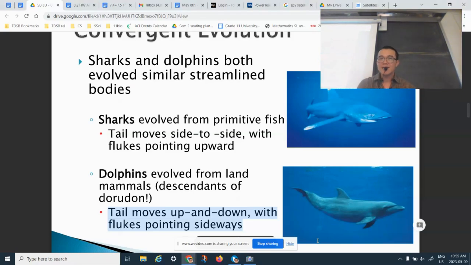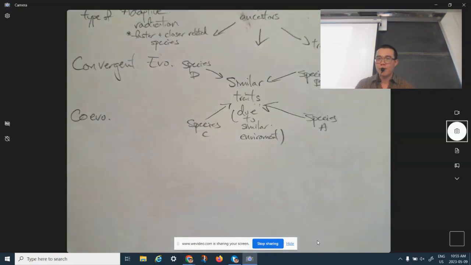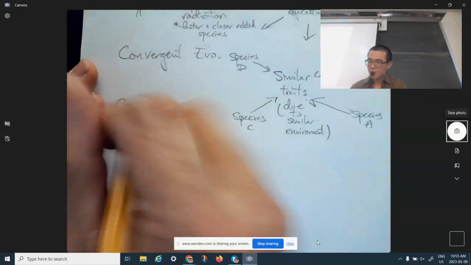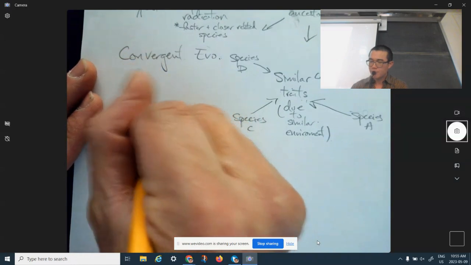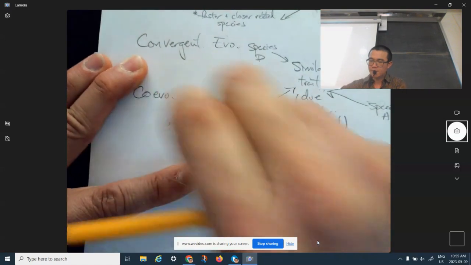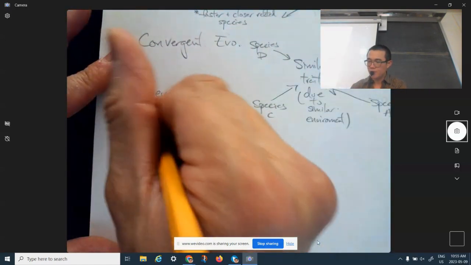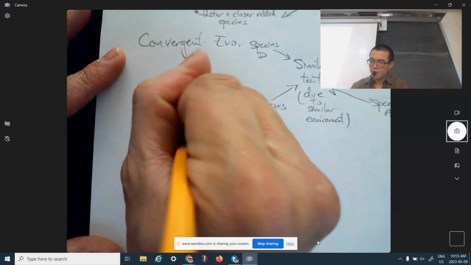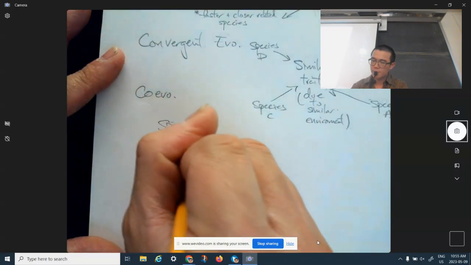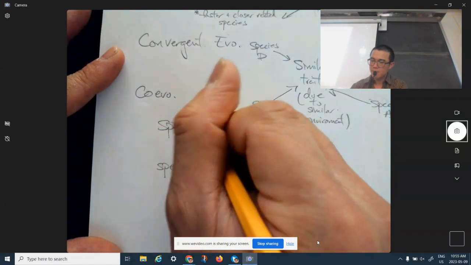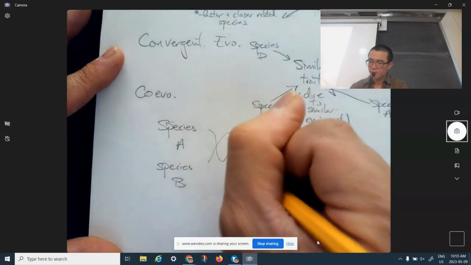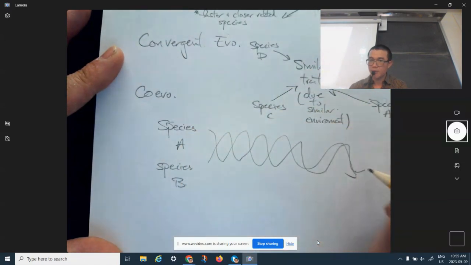Now, last but not least, we're talking about co-evolution. In this case, you're really talking about two species evolving closer and closer together. Think of intertwining almost. Okay?